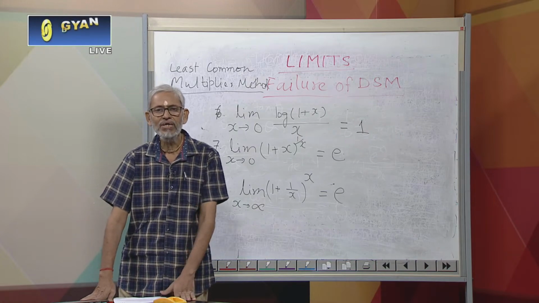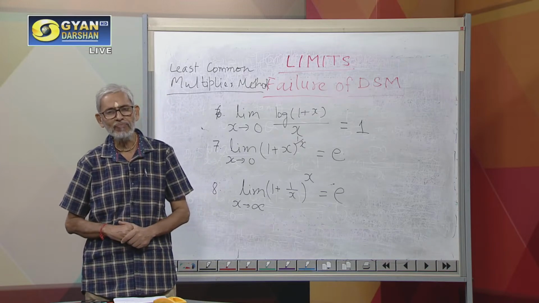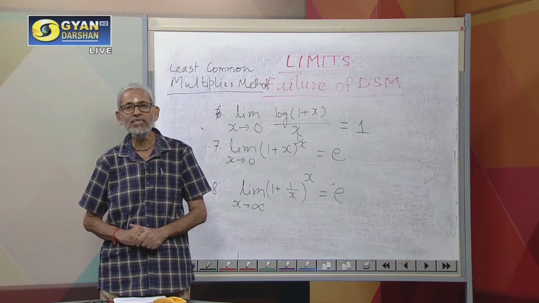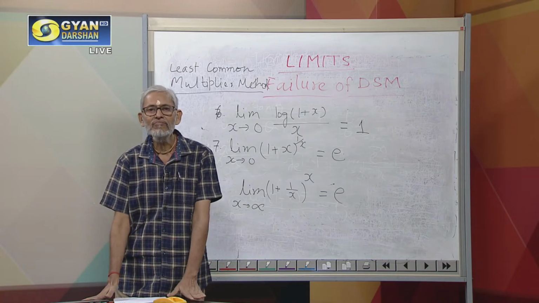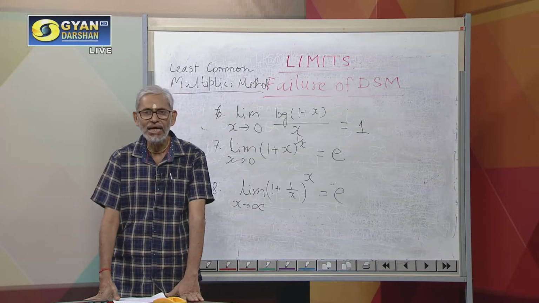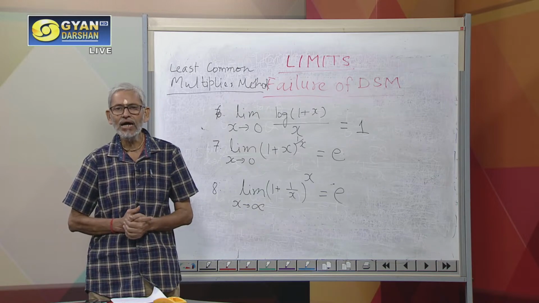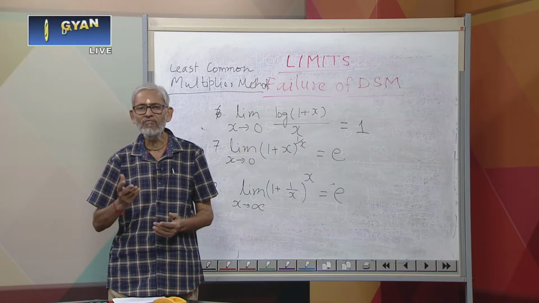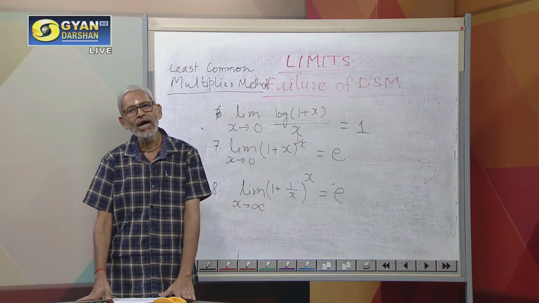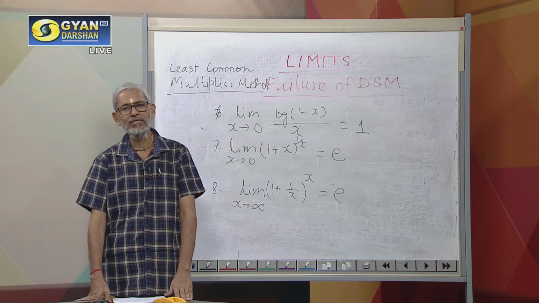And then we learnt the least common multiple method, in which if it is coming out to be infinity minus infinity, then we take the LCM, do the simple algebra, and after factorization some factors will be cancelled out in the numerator and denominator, and then we can find the value of the limit.